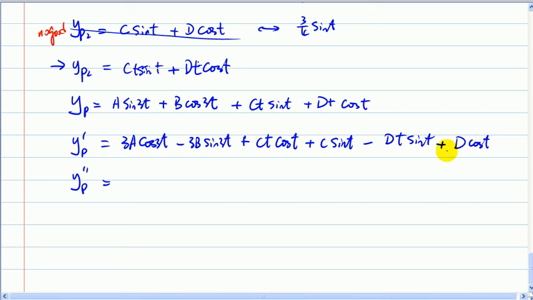It's very long. And yp double prime, again quite a bit of patience is required here. But if you are careful, you'll get this.